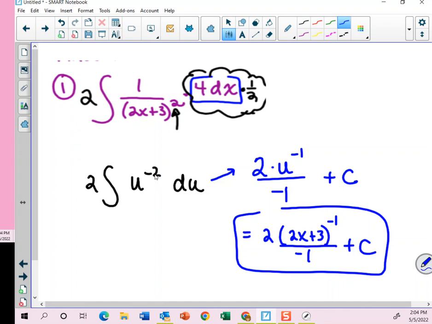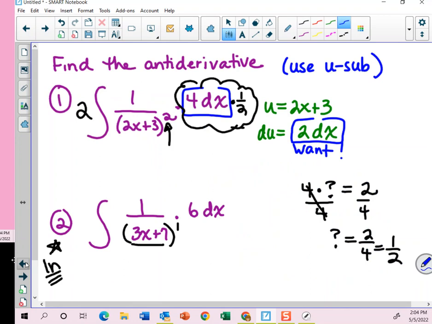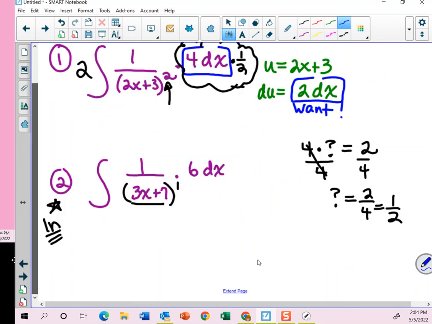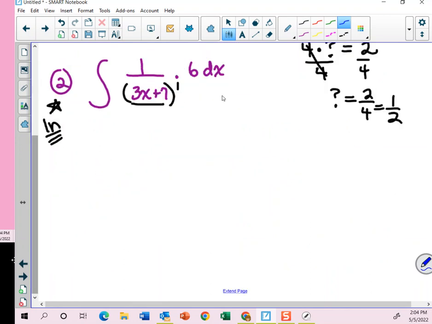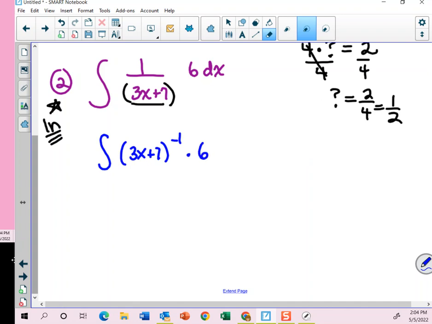The original exponent is -2. Not a natural log problem. We can add 1 and get -1 and still divide by it. We're only going to have a natural log problem when my original exponent is a -1, like 3x plus 7 to the -1 times 60x.